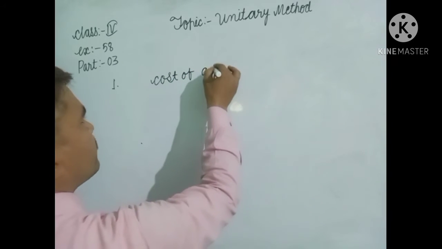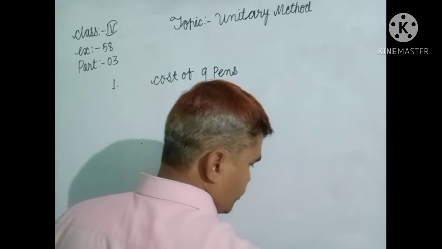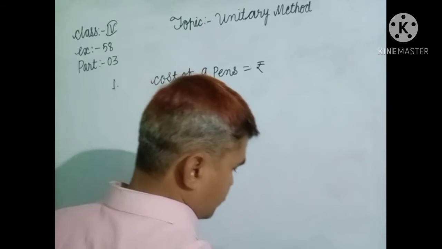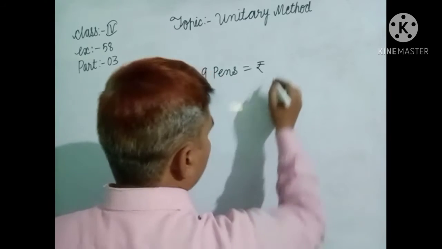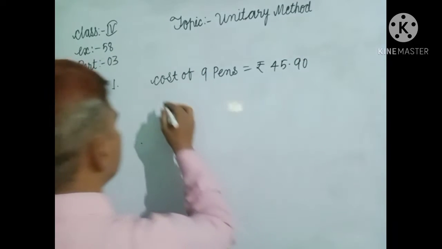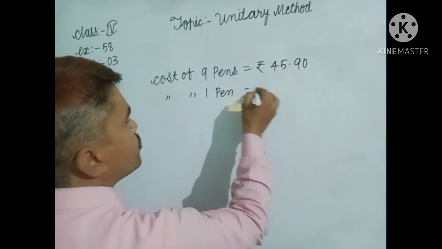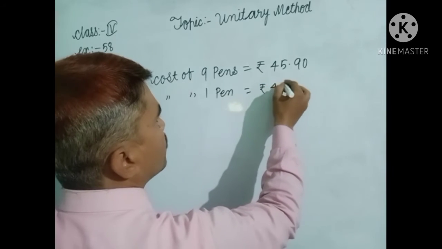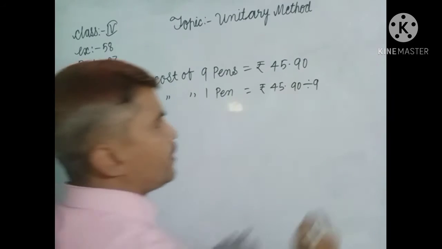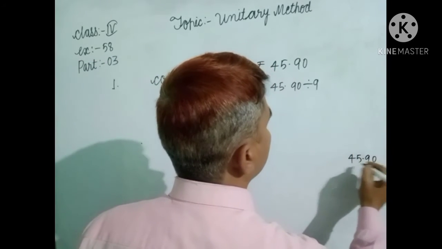cost of 9 pens is equal to Rs 45 rupees 90 paise. Cost of 1 pen is equal to Rs 45.90 divided by 9. Here in this way you divide 45.90.